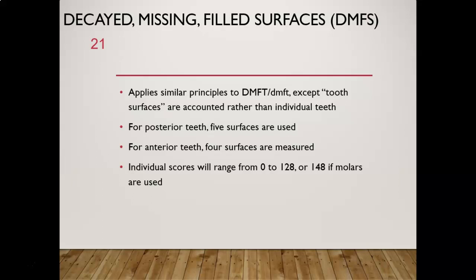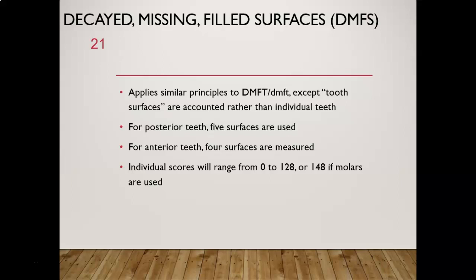In addition to the DMFT, the DMFS, the decayed, missing, filled surfaces, has been used to quantify dental caries incidence among populations. Lowercase letters, just like the dmft, are used for primary, uppercase for permanent. When using the DMFS index for primary dentition, the score will range from 0 to 88 surfaces.